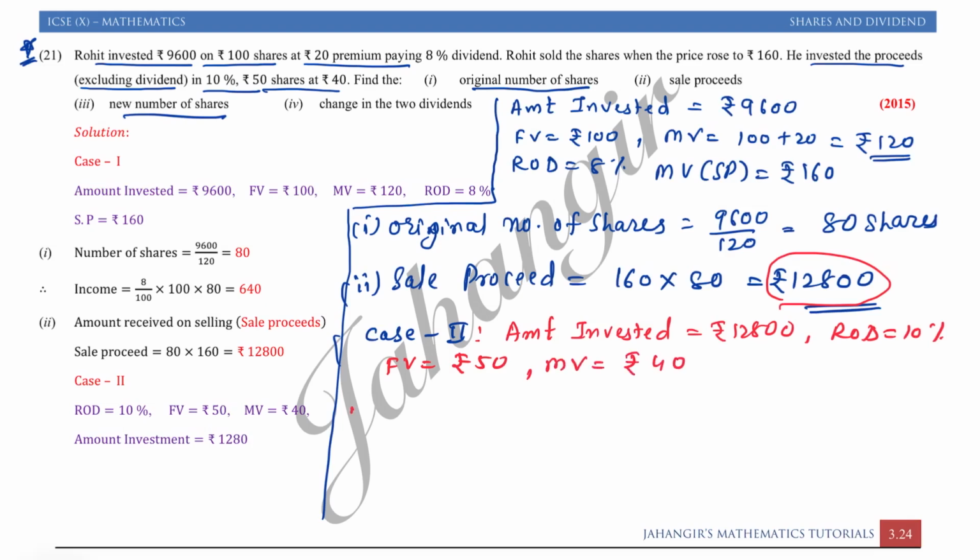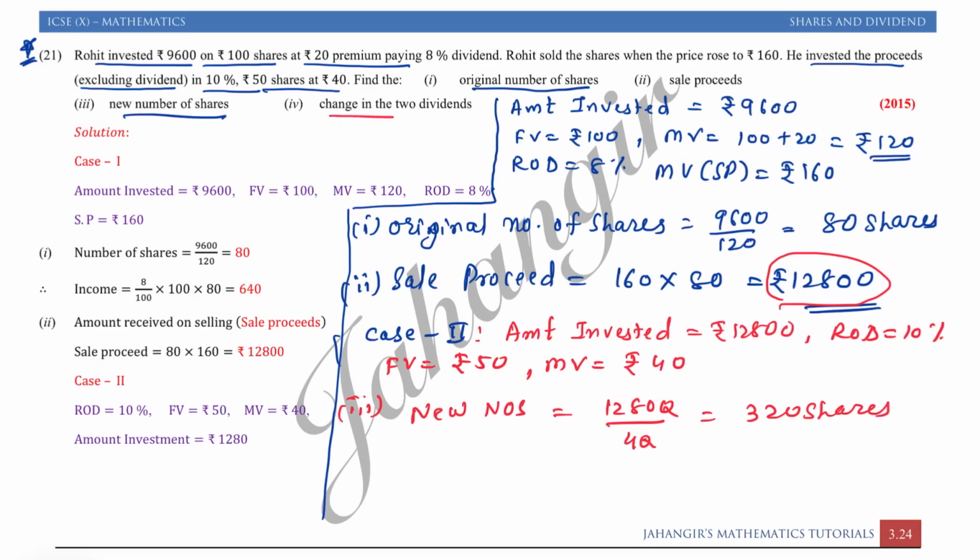So new number of shares is equal to amount invested, 12,800, upon market value, that is 40. 00 cancel, 320 shares. He bought 320 shares.